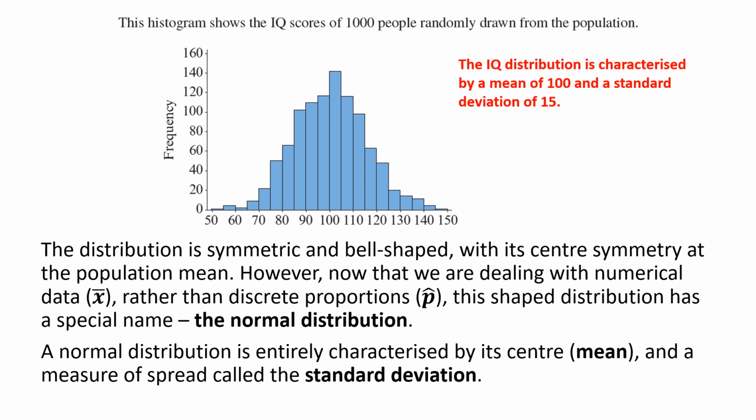So that's what you'd expect to have. What would we expect if we were to take samples from the population? Not 1,000, that's a lot of people, but if we were to take samples of, say, 20 from the population and a whole bunch of samples of 20 got their average IQ, what would we expect that distribution to look like? So that's where we're going next.